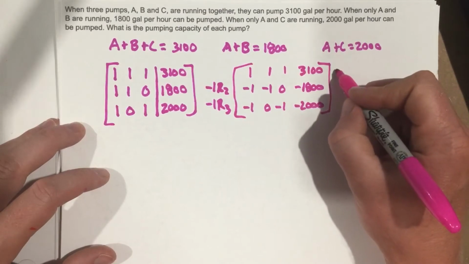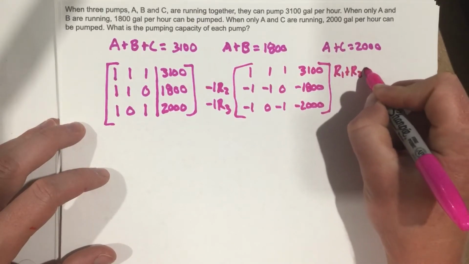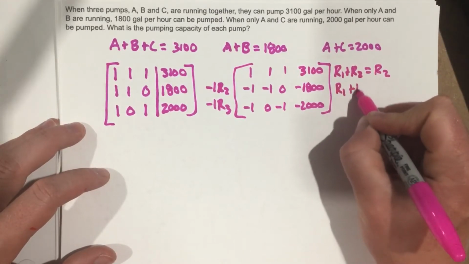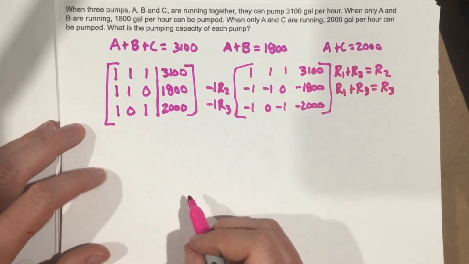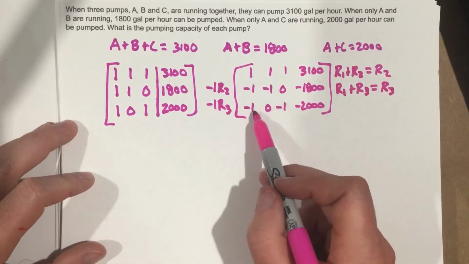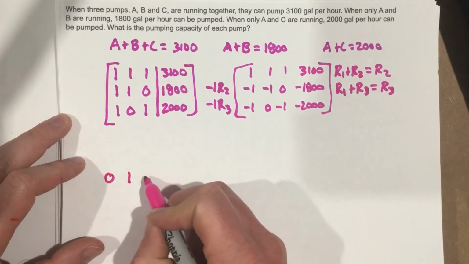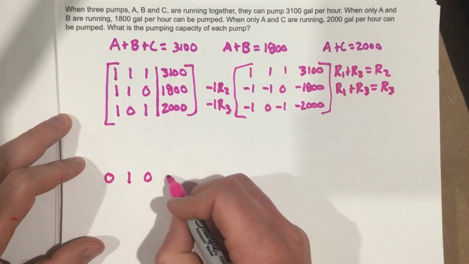Now I'm going to do R1 plus R2 equal R2, and R1 plus R3 equal R3. So when we add this one with the bottom, we end up with 0, 1, 0, and 3,100 minus 2,000, that's 1,100.